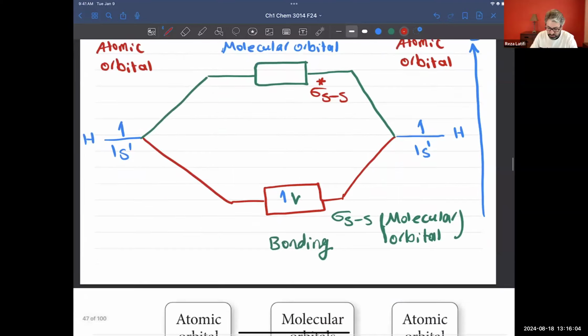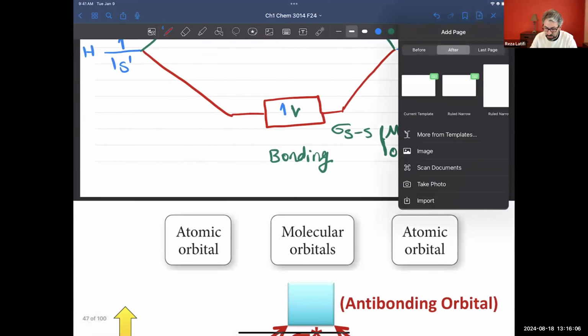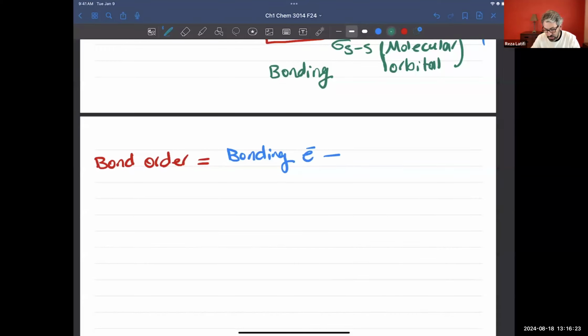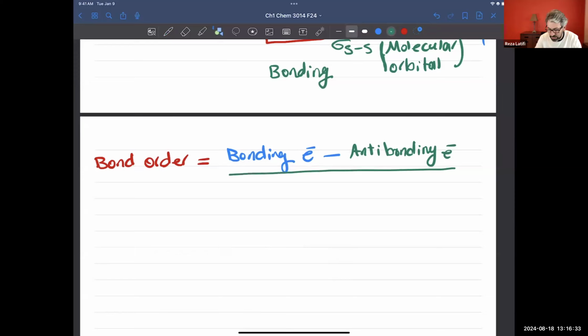Now we have a term that we call bond order. What's bond order? Bond order is equal to bonding electrons minus anti-bonding electrons, and you divide this by 2.